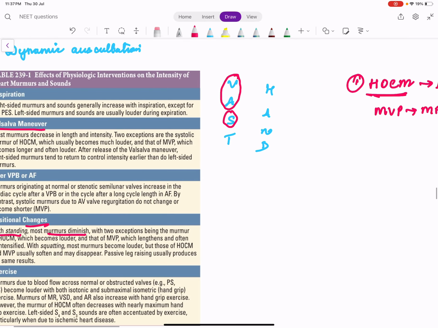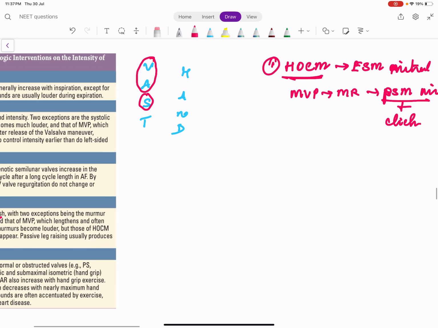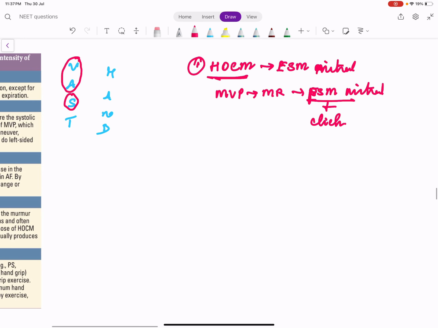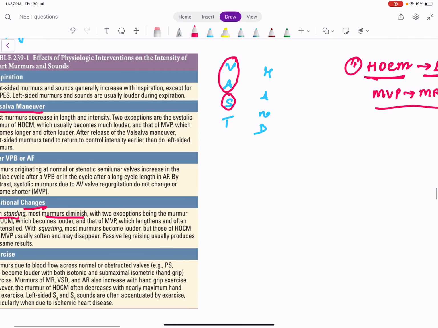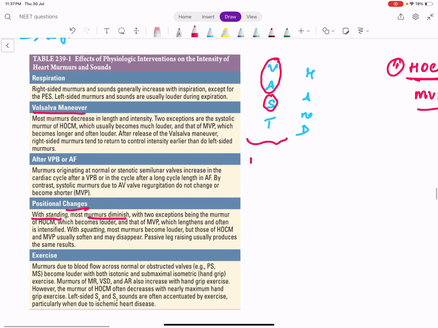These two behave differently. So when all murmurs decrease with Valsalva or with standing, the click followed by systolic murmur of MVP and the systolic murmur of HOCM both increase in intensity. So that's what is VAST. VAST means increase. So in HOCM or MVP, during Valsalva or standing, the murmurs increase.